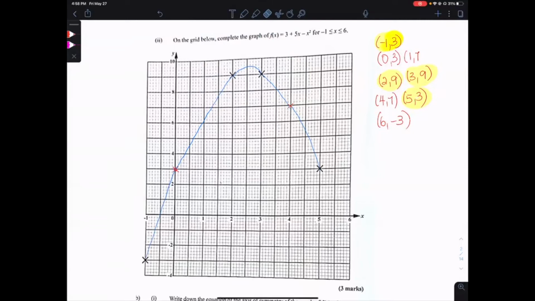Take your time. If you have to erase some of the lines, go ahead. But the curve is supposed to be a smooth curve.